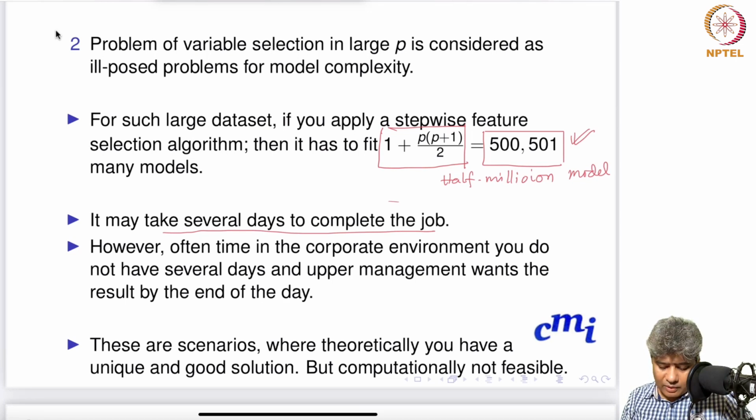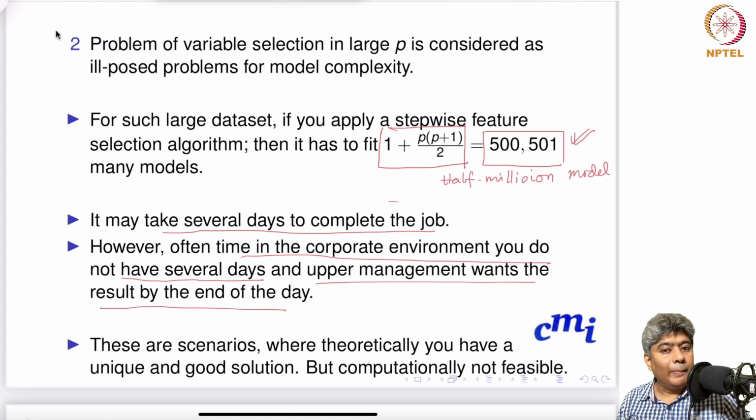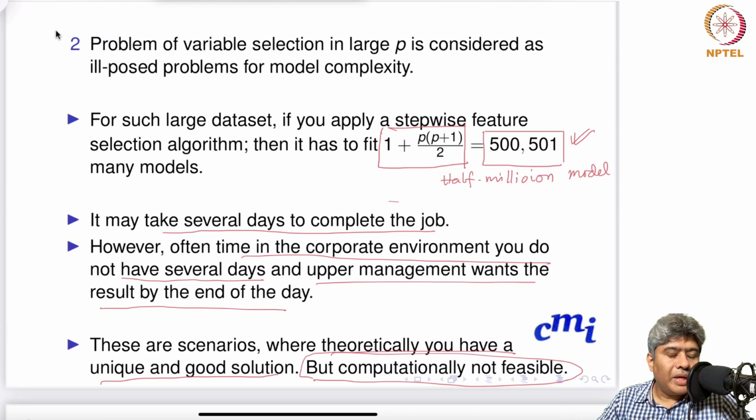However, oftentimes in corporate environment, you do not have several days and upper management wants to resolve by the end of the day. And these are the scenarios where theoretically you have a unique and good solution, but computationally finding the solution is not possible. You have a time budget.